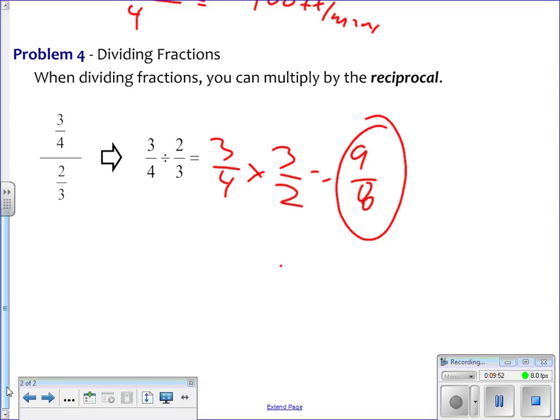Now, as an aside, put down your pencils, eyes up front. It's not necessary to write this down, but why do you invert and multiply? You have this fraction here where you're dividing 3/4 divided by 2/3. I want to make the denominator 1, so I have just a number over 1, my answer over 1. What do I multiply 2/3 by to get 1?